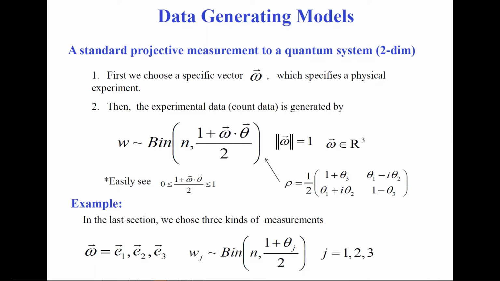Then, using these estimates, we can reconstruct the density matrix. In other words, we can estimate the quantum system from experimental data. Of course, this is a very simple situation, but the rule is very simple, in this two-dimensional complex vector space.